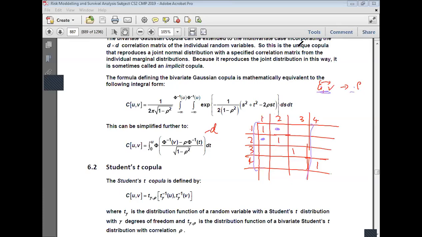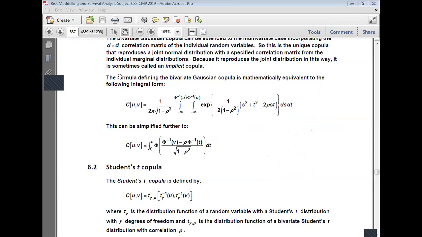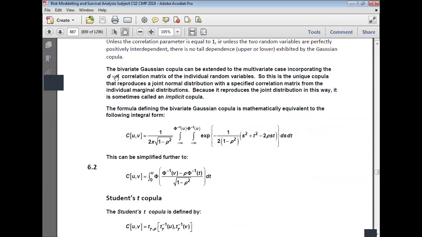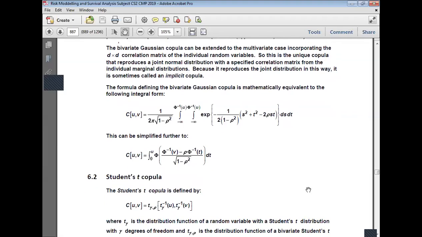But now if you look at a D by D matrix, which is what they're talking about here, it is a D by D correlation matrix, which I just drew here. That is what you will have, along with the individual marginals, which will allow you to reproduce a joint distribution. In this case, because you were looking at a bivariate Gaussian, you will have a joint normal distribution. So what we're trying to do is we have a value of U, we have a value of V, and we will have this correlation matrix, and we will know what distribution our individual marginals follow.